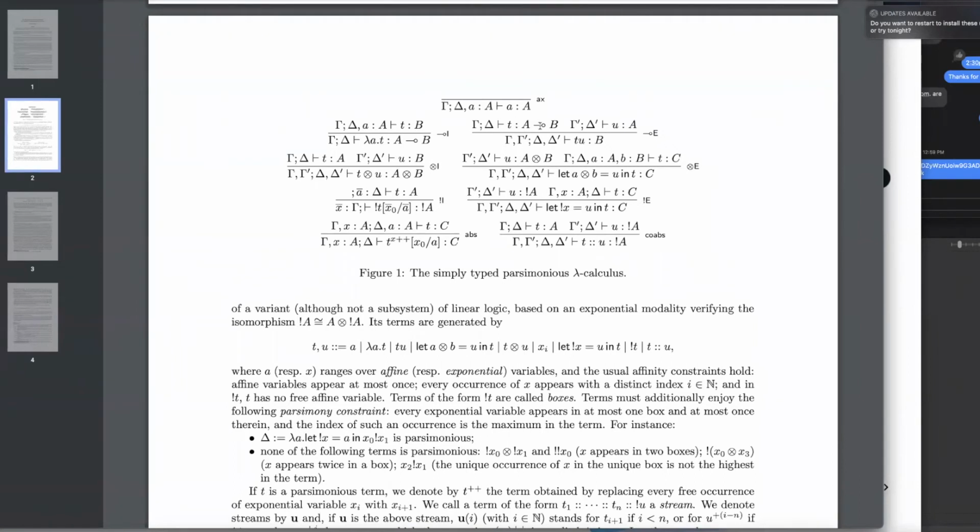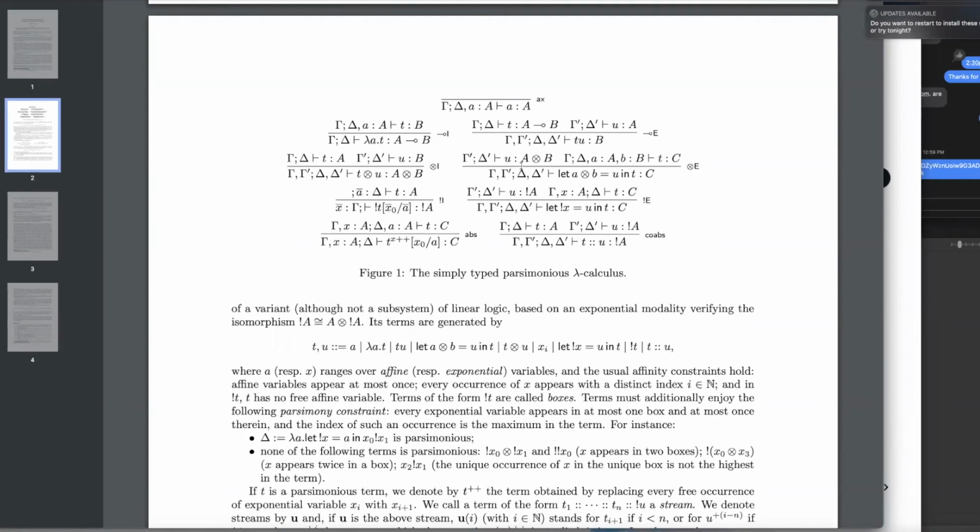So I have that T is A lollipop B, and I have that U is of type A. So if I form the term TU, then I pick up these dependencies and these dependencies, so they're added together, and then I can form the application and get the B. So essentially, I'm feeding U into the abstraction that T is and getting the B. Okay, so that's pretty much standard.